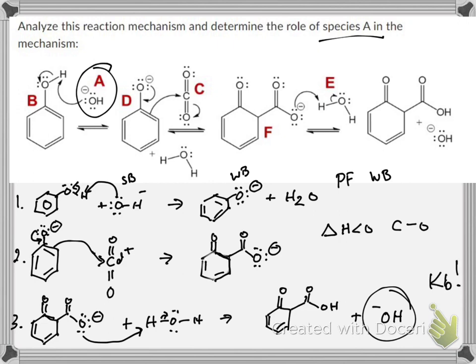It's got to be reactant favored with Kb, but we see by regenerating OH minus, which started off as a reactant, we now know the role of hydroxide as a catalyst.